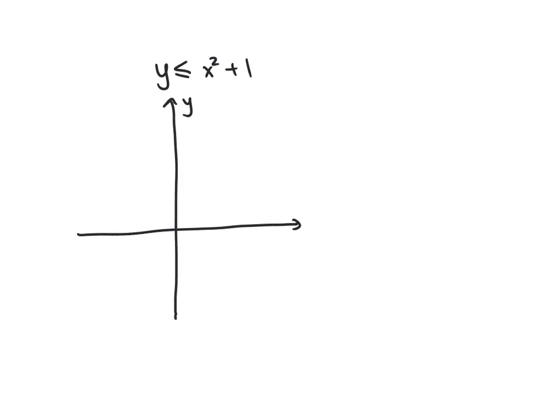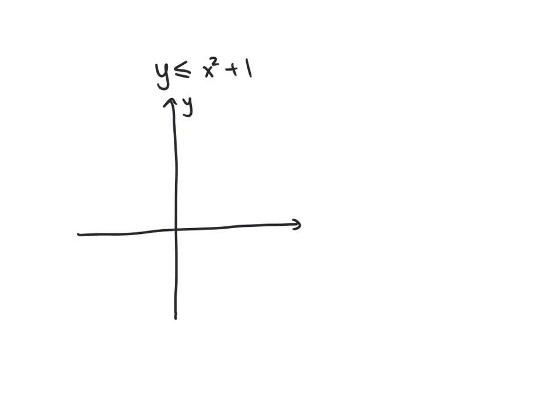We'll do a couple more examples just to get our feet wet. The next one I want to look at is y is less than or equal to x squared plus 1. I'm going to again draw this out, and I think it is useful for you to know how to do these drawings without graph paper.